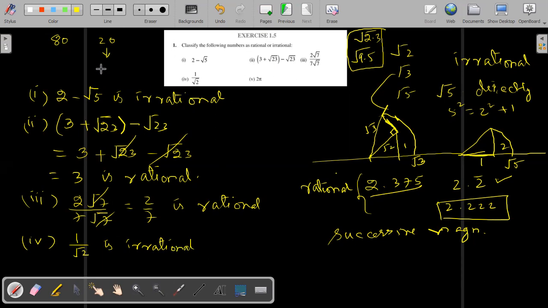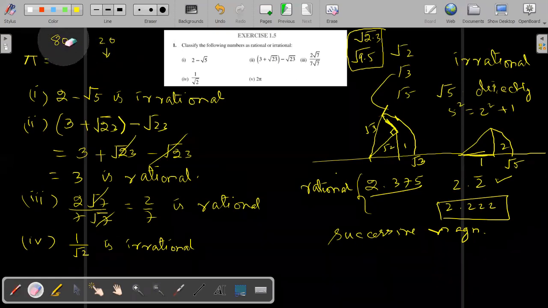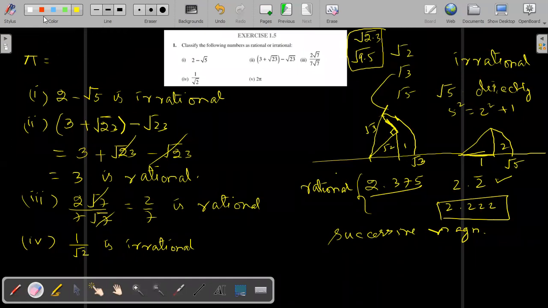Yes, remember pi. What is the value of pi? You don't know, just remember this one. Pi is a constant symbol which is used in area and mensuration, in most of the formulas of mensuration. This pi is 22 by 7.